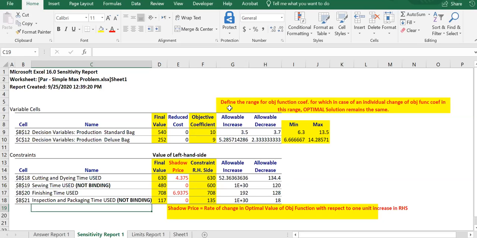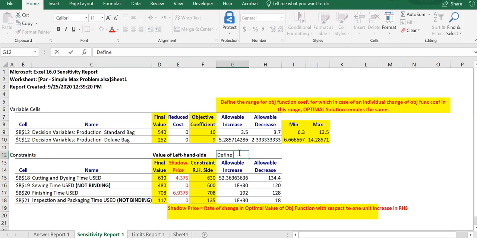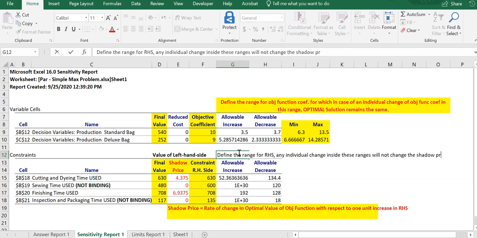These define the range for the right hand side, and any individual change inside these ranges will not change the shadow price.